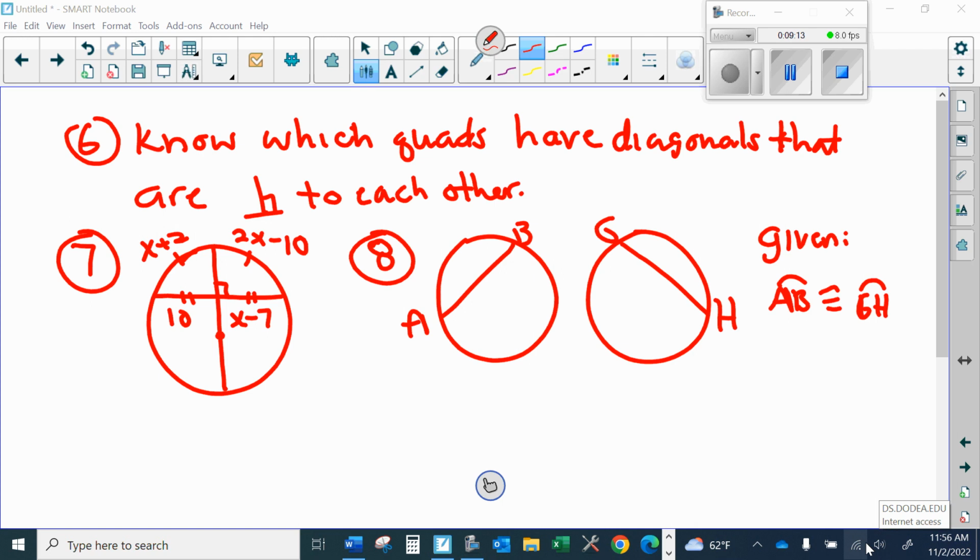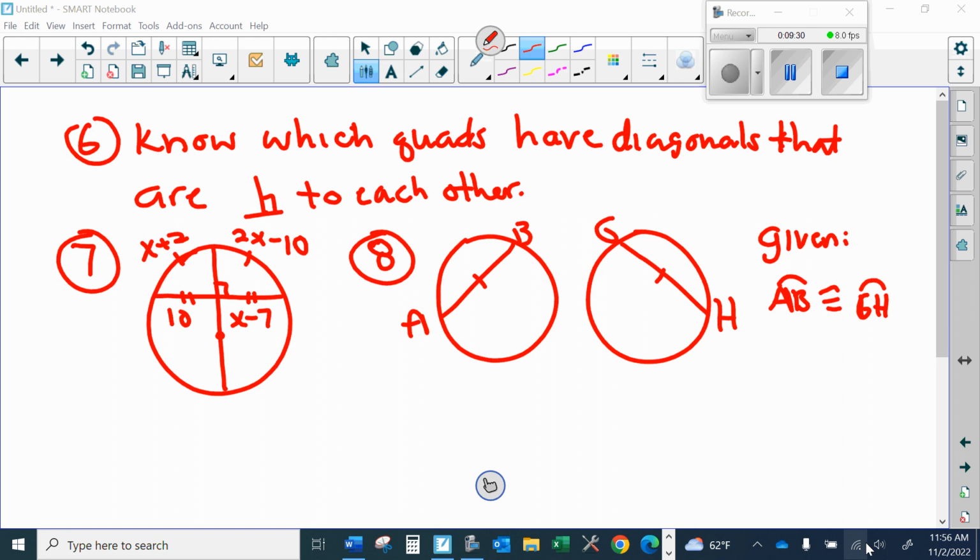I know congruent arcs have congruent chords, so then I know that chord is equal to that chord. And vice versa, if I have congruent chords, then I know the arcs are congruent. Either way, the original way or the converse.